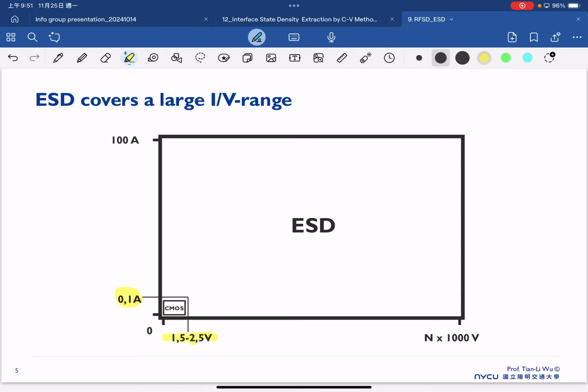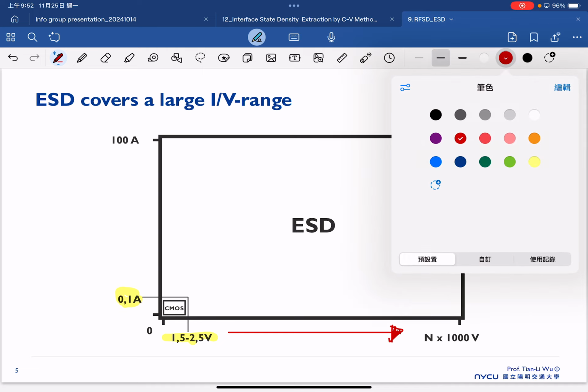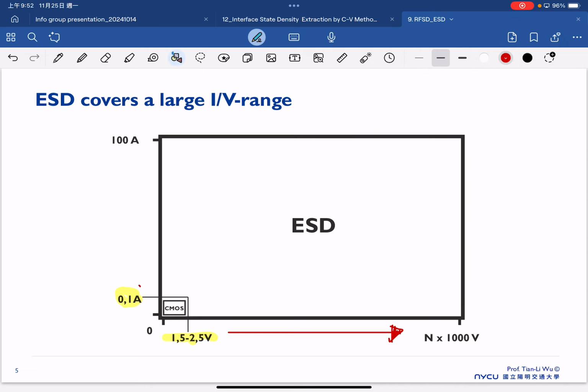But once the ESD event is happening, our CMOS chip can suffer a few thousand volts and a few hundred amps.